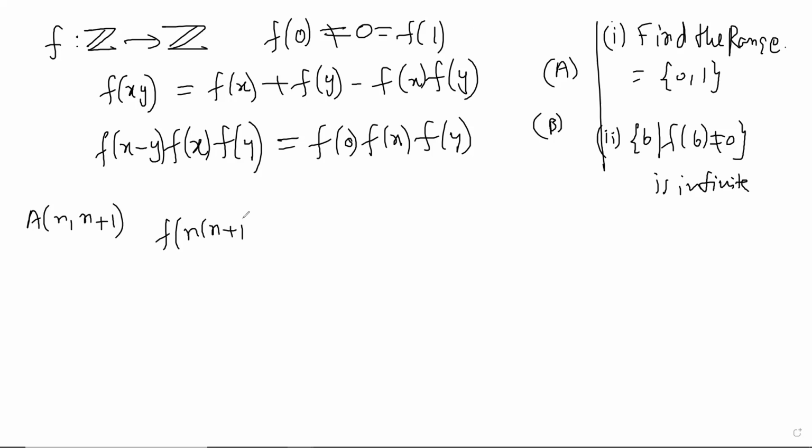So you put this, then you put n. Sorry, it should be f of n plus 1 minus f of n times f of n plus 1.